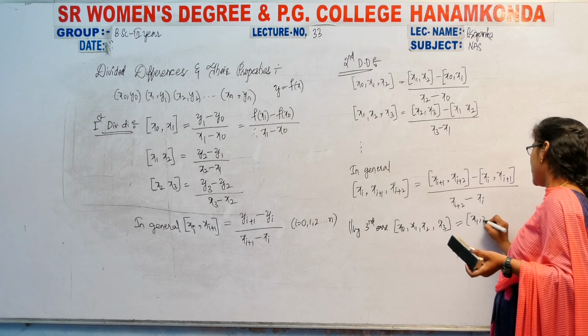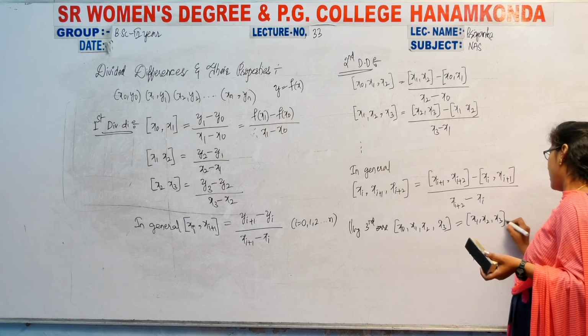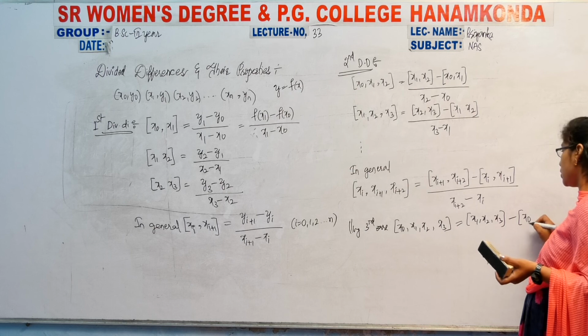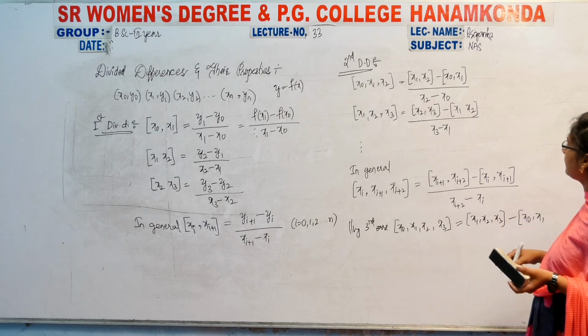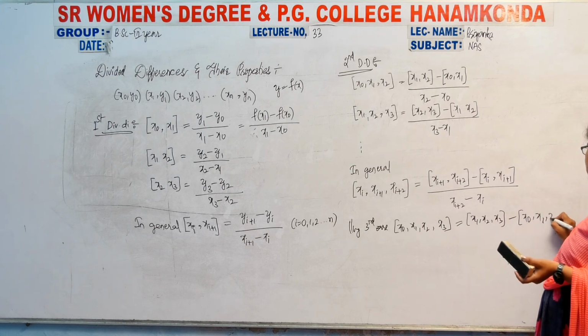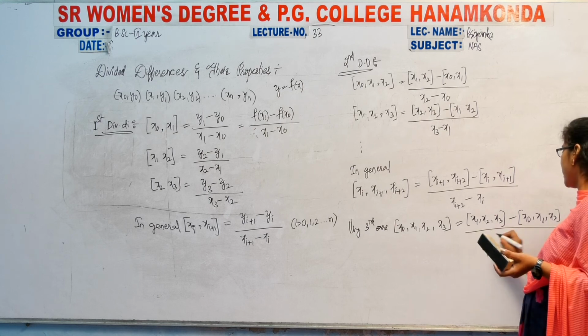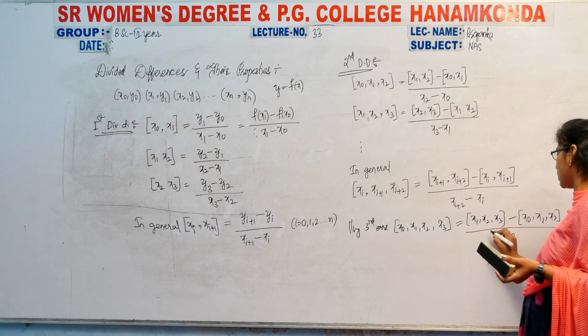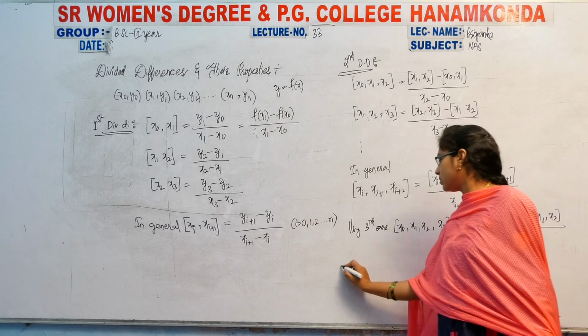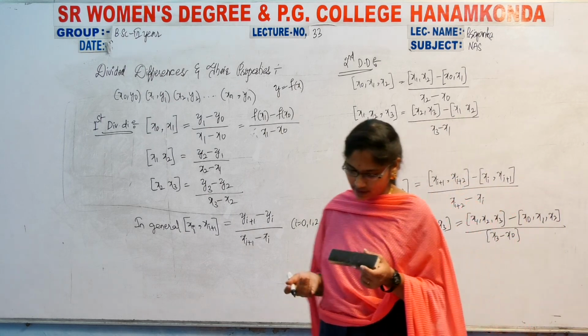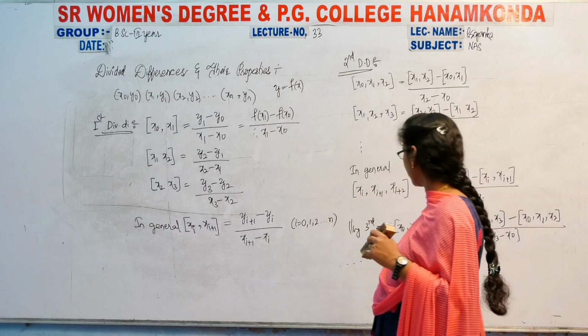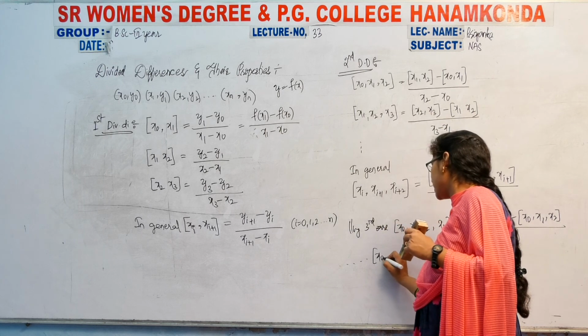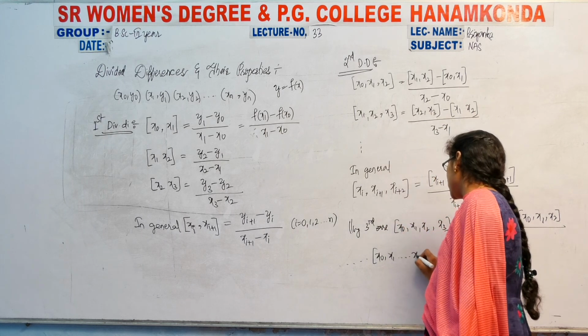Now [x1, x2, x3] minus [x0, x1, x2] divided by x3 minus x0, and so on. Nth divided differences are x0 comma, as it is now.